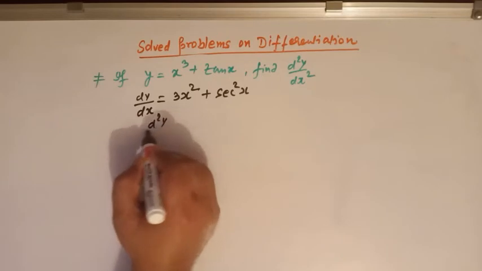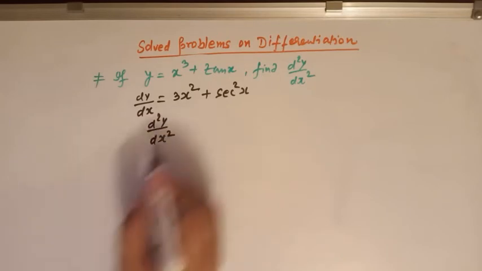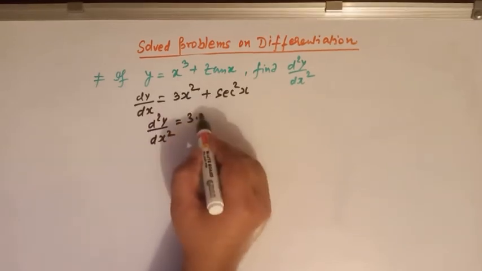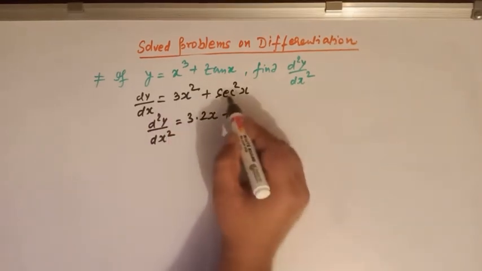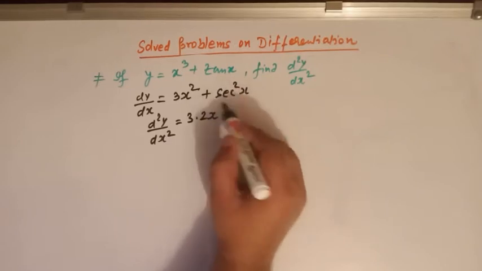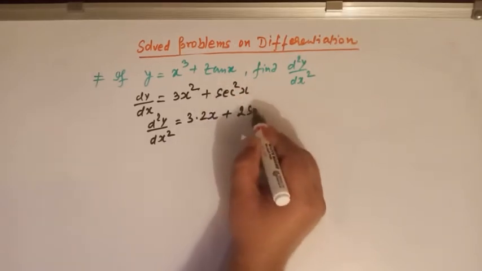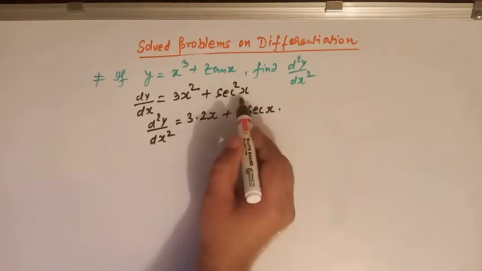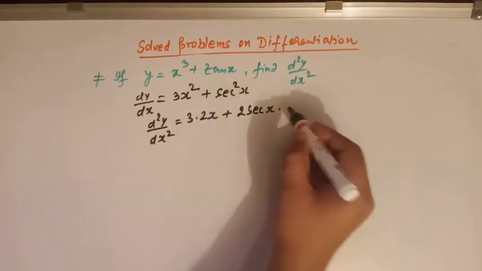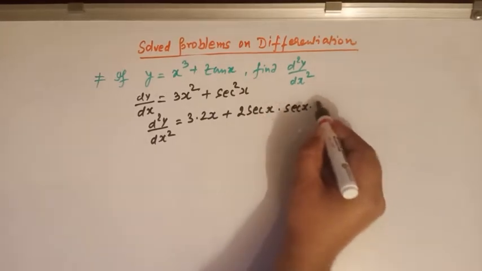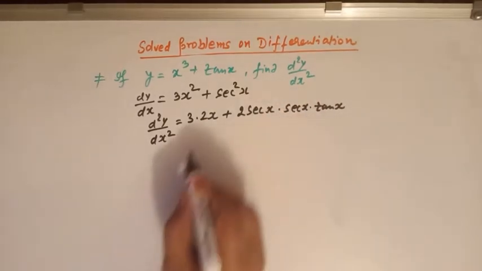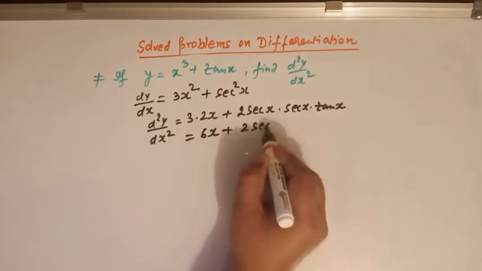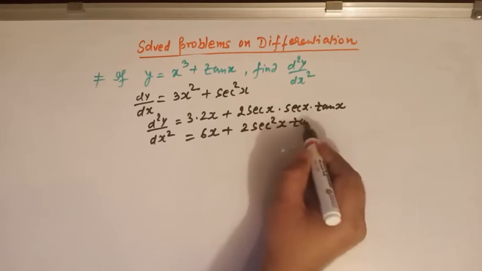So we have d2y over dx2 is 3 times the derivative of x square, which is 2x, plus 2 secant x, then the derivative of sec x by chain rule. So this is sec x tan x. Clear? So here we have 6x plus 2 secant square x tan x.